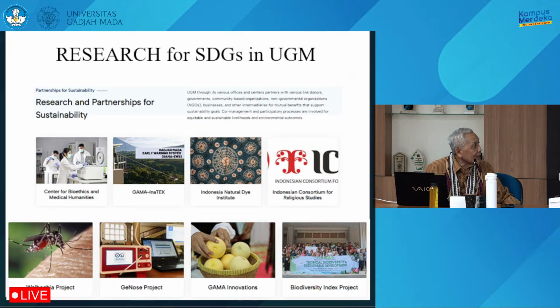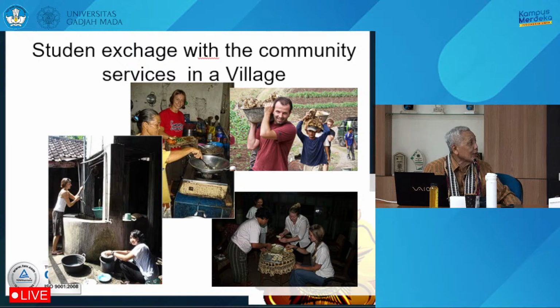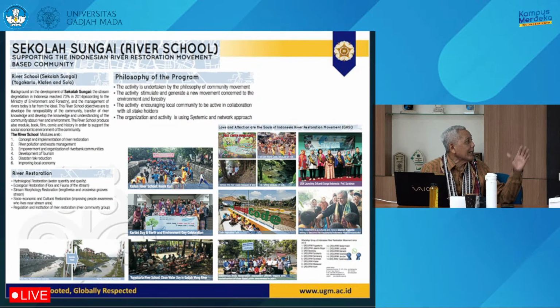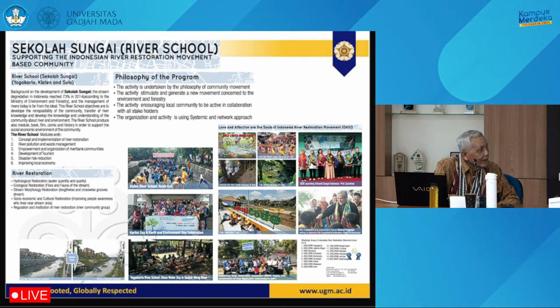This service is in a village, building together with the community, with many students from France and Gadjah Mada students. There is some activity in the river, culturing too. That artist also, who is that friend? Which artist?